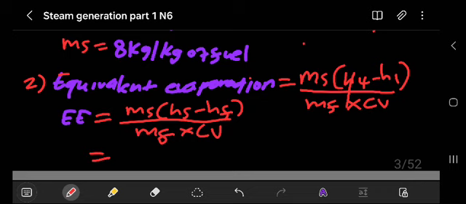The mass of steam is 8. We have calculated it previously.